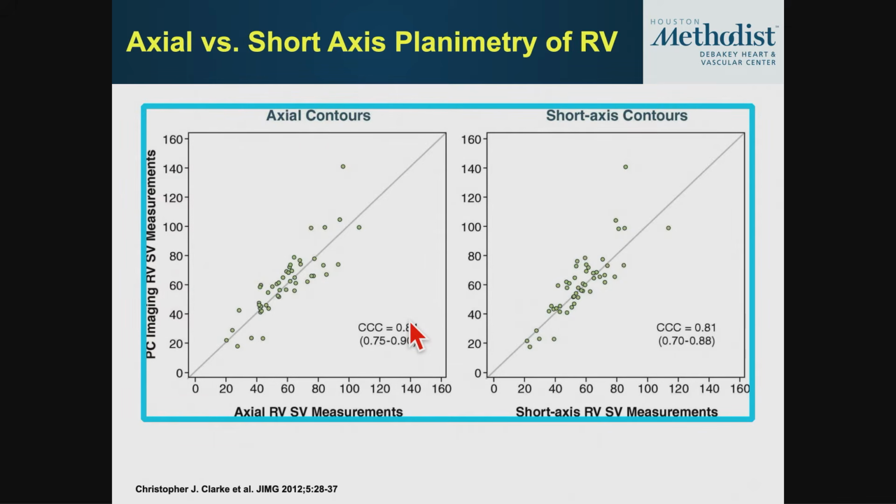Because as long as there's no tricuspid regurgitation, the flow that the right ventricle ejects, the stroke volume, should equal the flow coming out the pulmonary artery. So that was used as the reference standard. And what they noticed really was that whether you did it by an axial long axis stack or by the short axis stack that we normally do anyway, the relationship was not that far different.